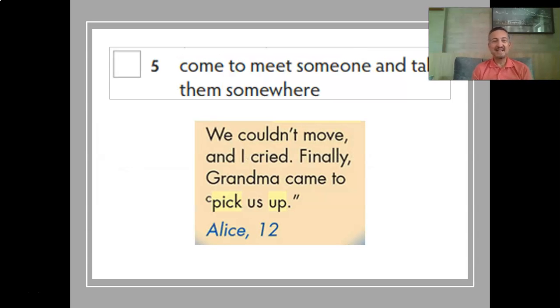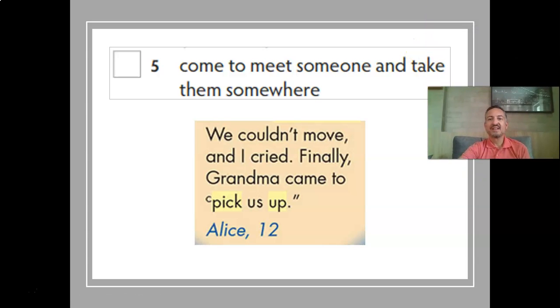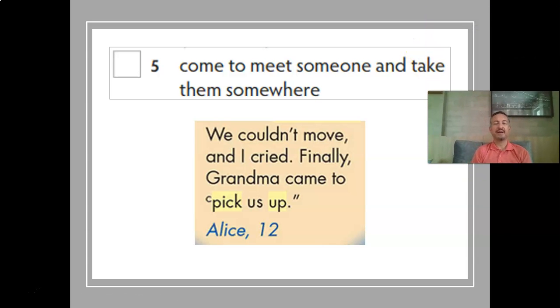Number 5. Come to meet someone and take them somewhere. This is very, very common in English, when you're going to pick up someone to take this person to another place. Look at the example from the text. We couldn't move and I cried.